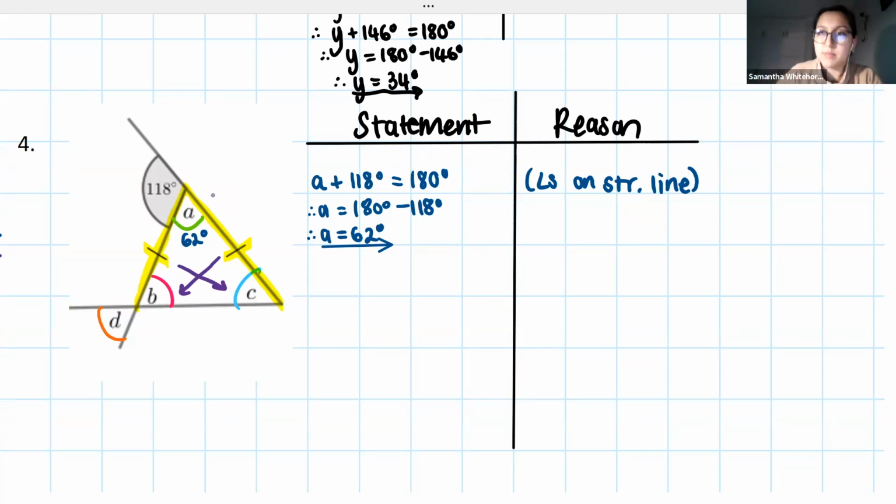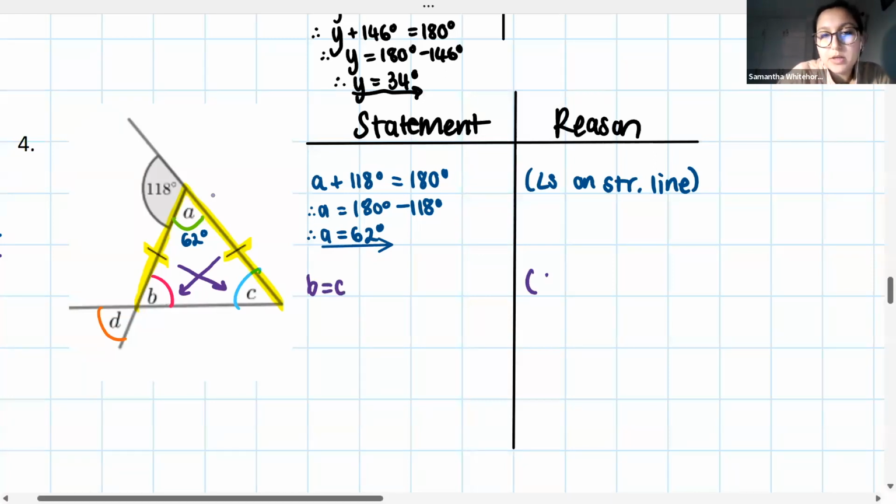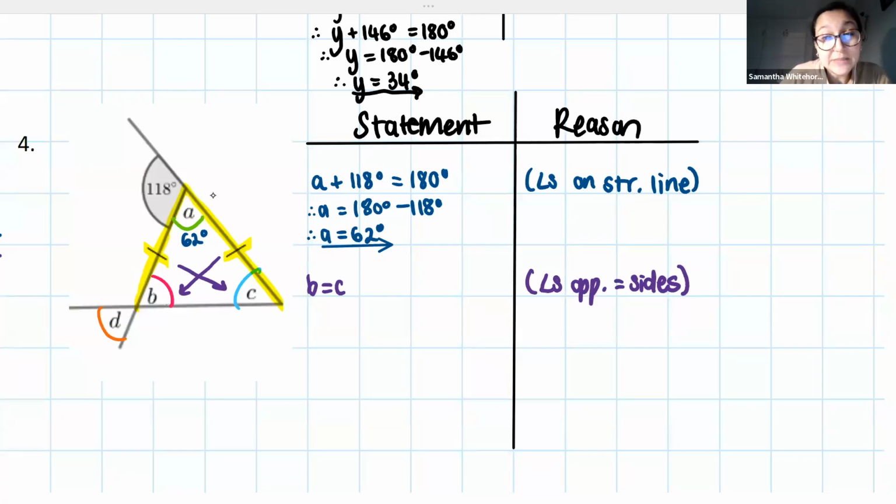You've used it, it must be there in your answer. So we're going to state that B is equal to C because of angles opposite equal sides. And Luandle, I see your hand. You can keep it up if you want to carry on explaining. Luandle, do you want to carry on explaining this?